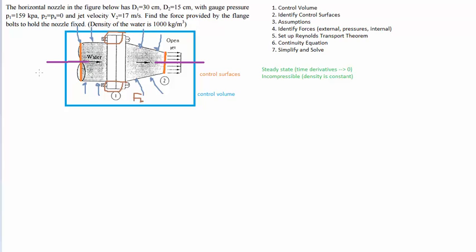What we need to worry about is over here. So we have pressure going in like this, and we have pressure going in like this. And as you can see, the inlet is larger than the outlet. So there is most likely going to be some sort of pressure difference between the left and right hand sides of this system. And that's what we see up here in the problem statement.